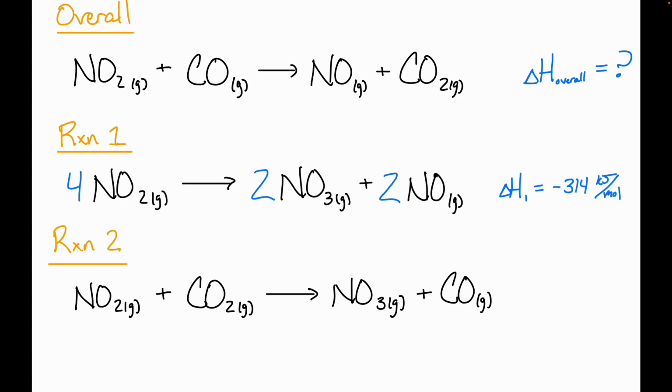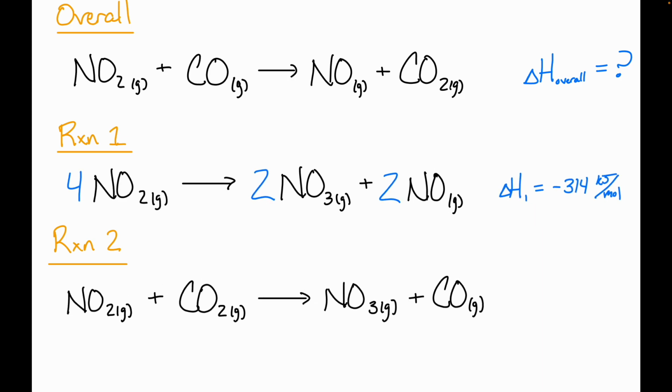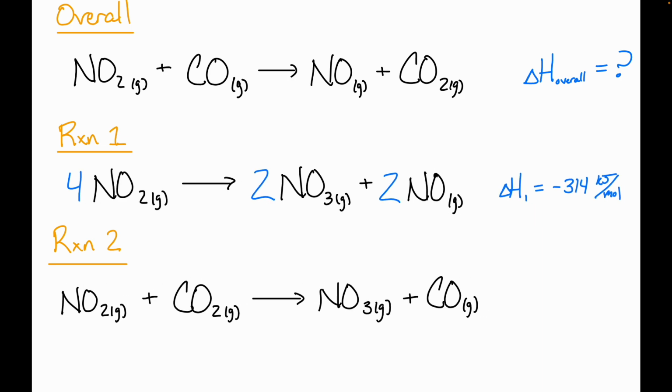When we studied this reaction, we measured the amount of heat that was released, and it was 45 kilojoules, so since it was released, negative 45 kilojoules per mole is the delta H of this reaction.